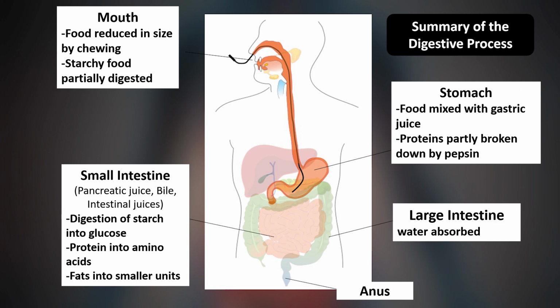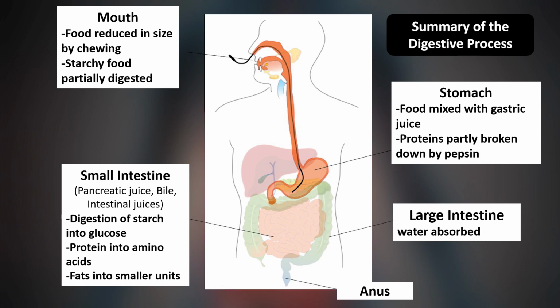There is the digestion of starch into glucose. The proteins are further broken down by proteases into simple units called amino acids and fat into smaller units. And it is these smaller units which then get absorbed from the small intestine.